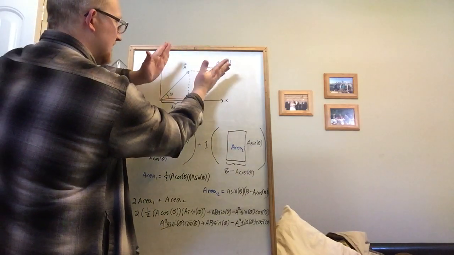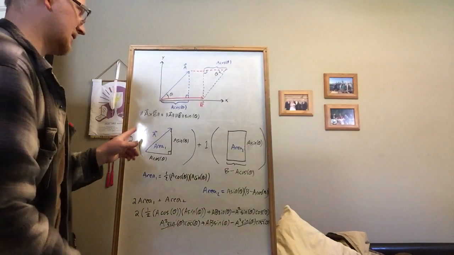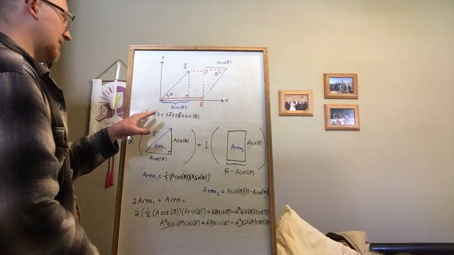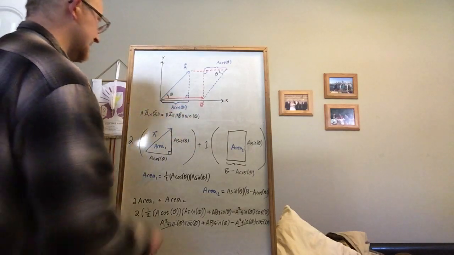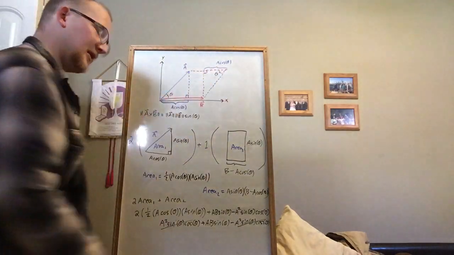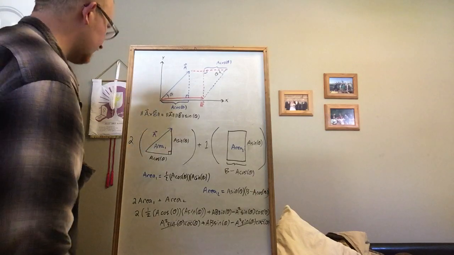These two sides are parallel, these two are parallel, and what I'm trying to say is that A cross B, or AB sine theta, is equal to the area enclosed within this parallelogram.